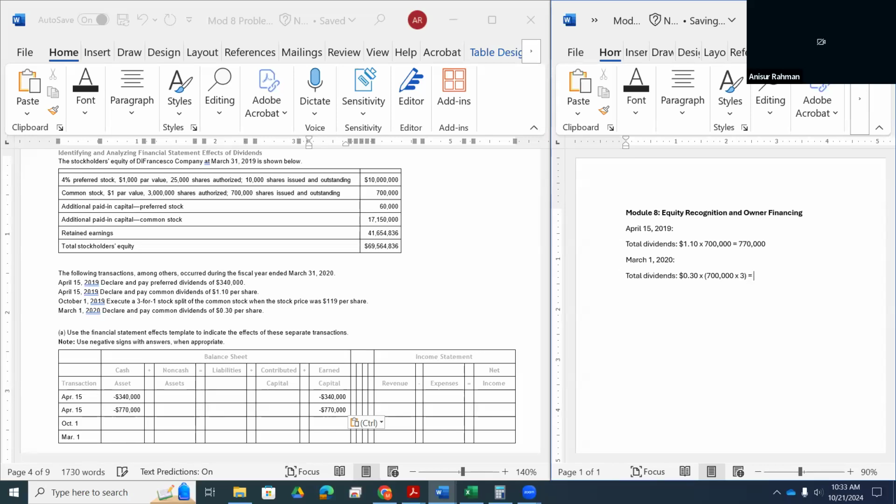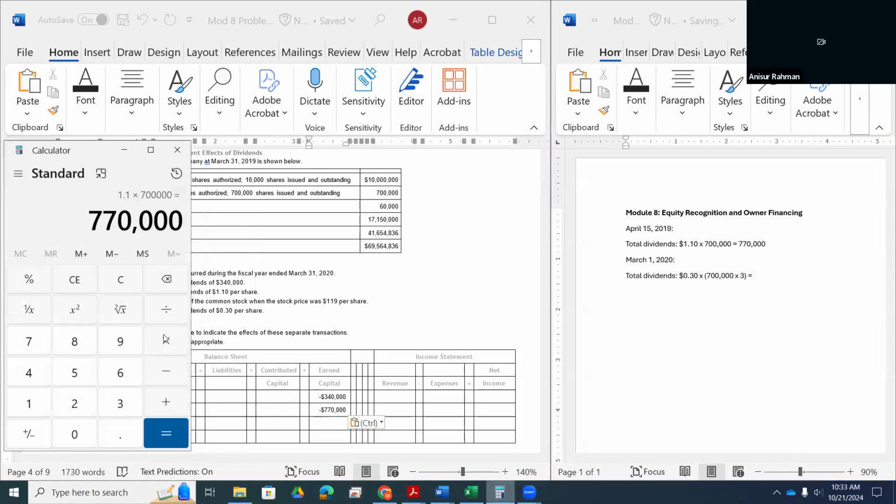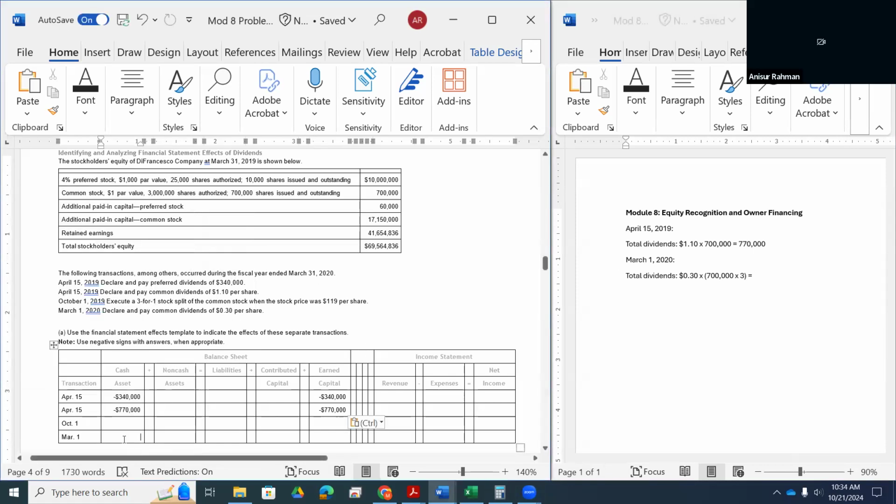So our total will be $630,000. It will reduce our cash, and it will also reduce our earned capital. No effect on the income statement.